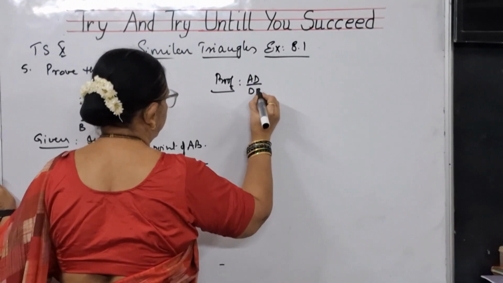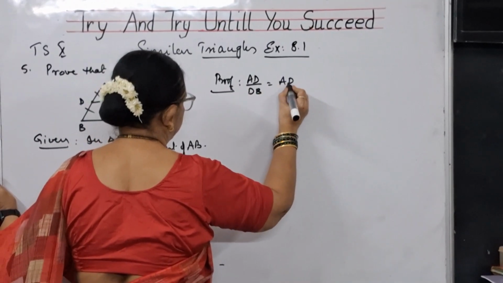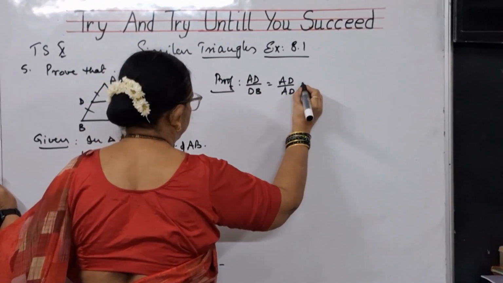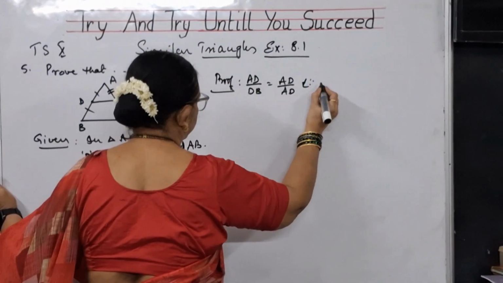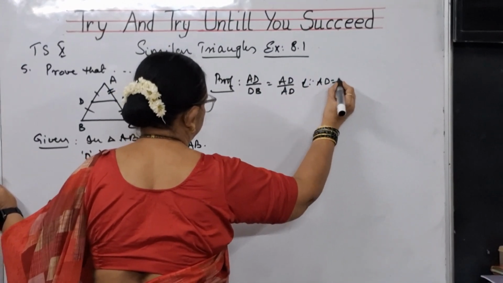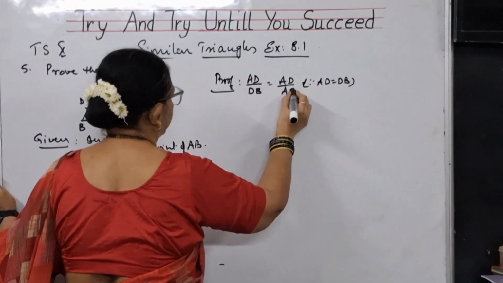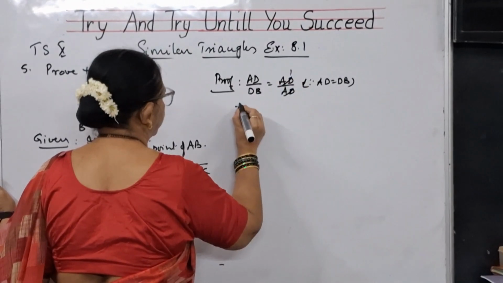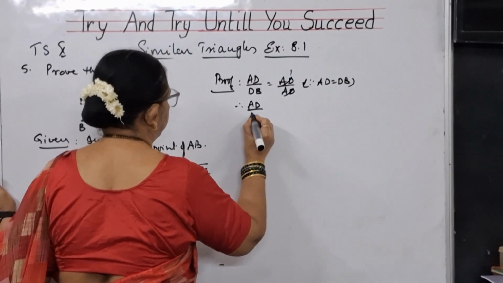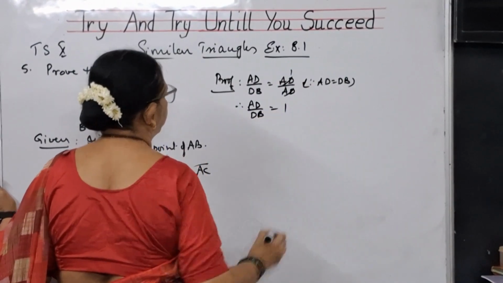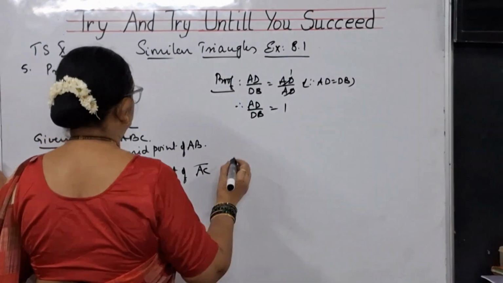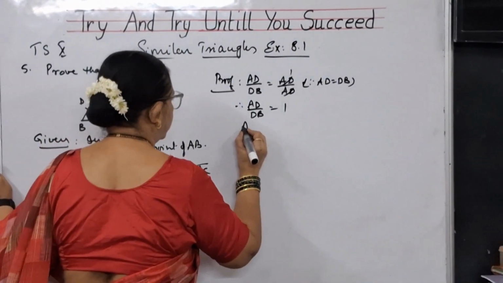AD by DB can also be written as AD by AD. Why? Because AD is equal to DB. So this is 1. Therefore, AD by DB is equal to 1. Similarly, what you can say?